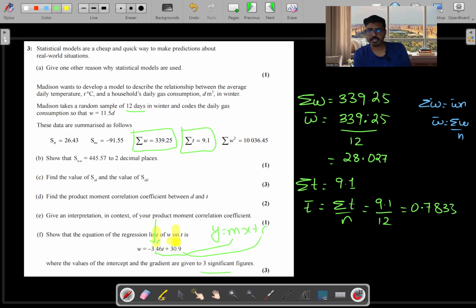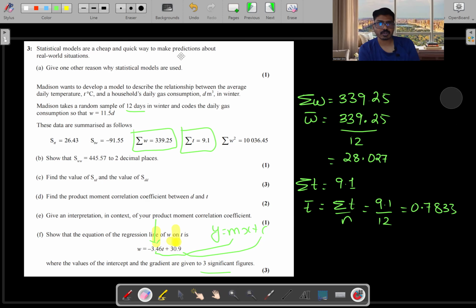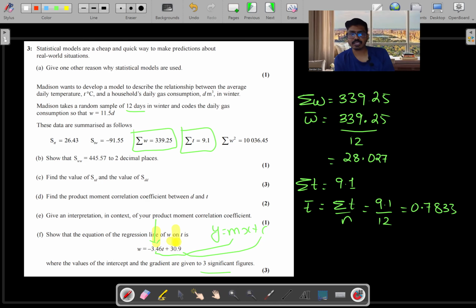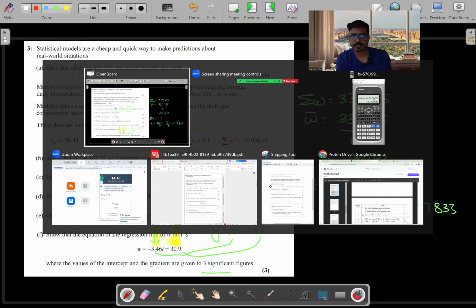Now we need to find the gradient. For the gradient, in the equation sheet there is an equation, so we need to pick up that equation. I can show you that from the equation sheet directly, from the Pearson website.